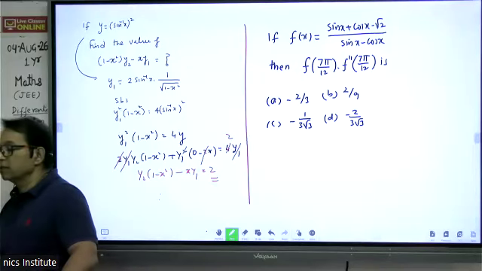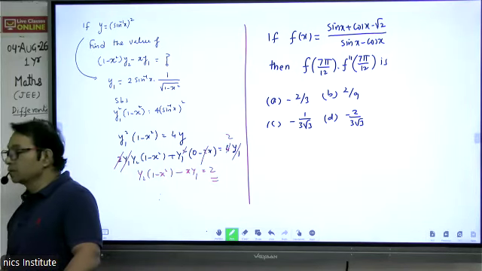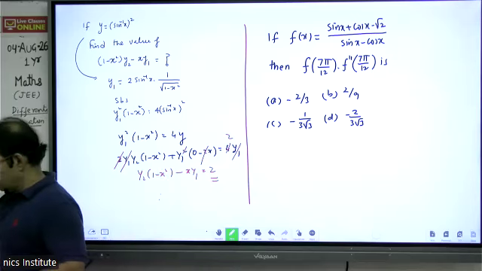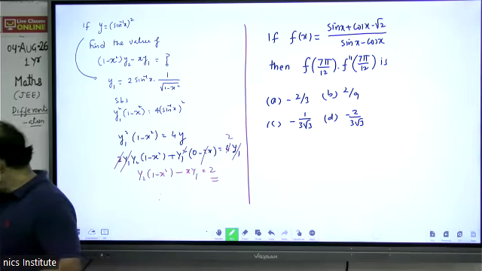Sin x plus cos x minus root 2. Divided by sin x minus cos x.